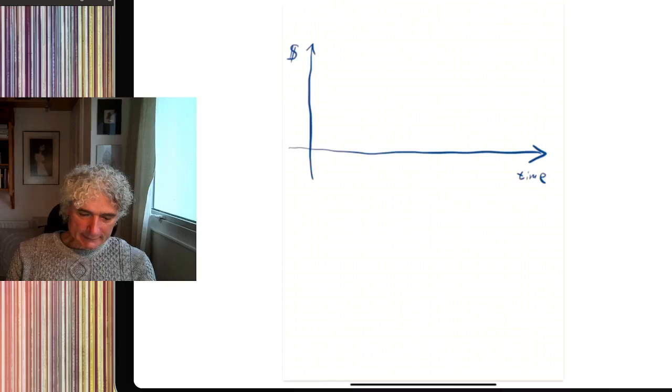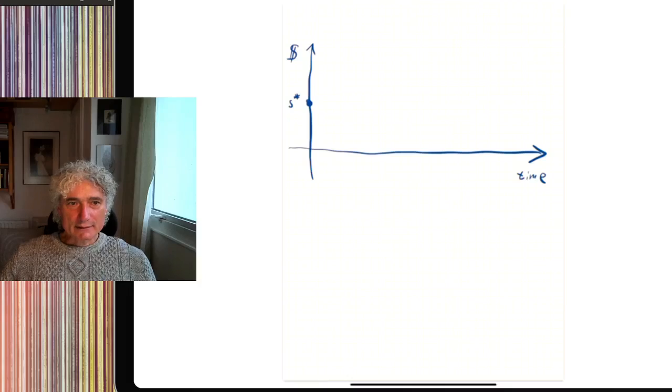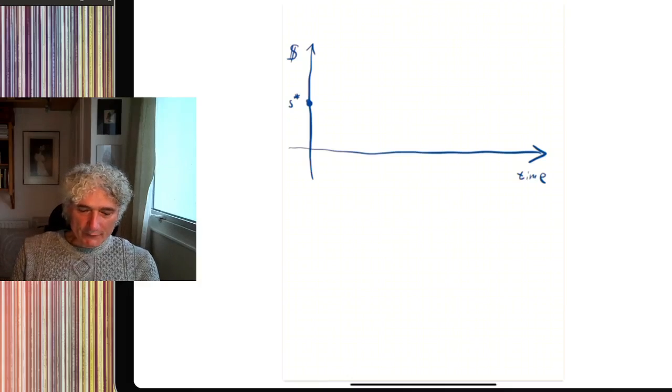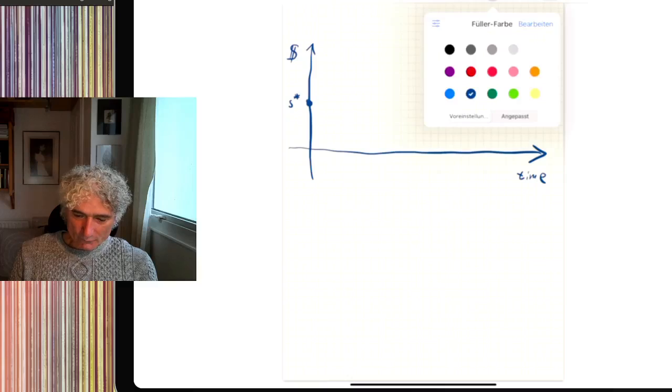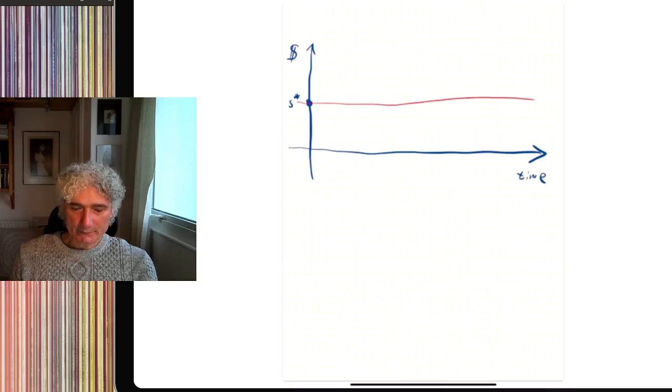And here, let's say we have the element s star in the state space S. Now, of course, if we would start exactly on s star, then we would stay there for all times.